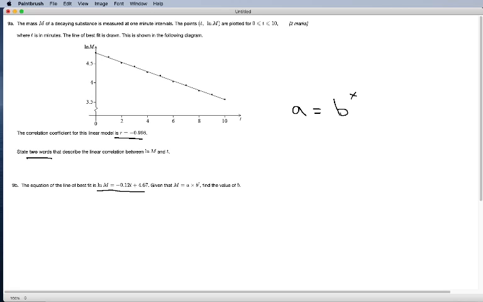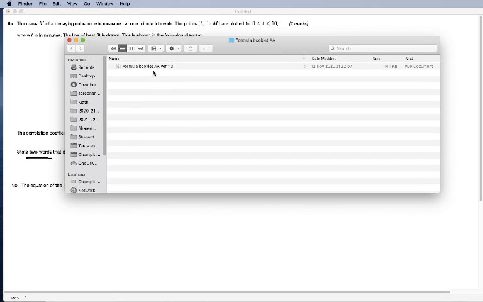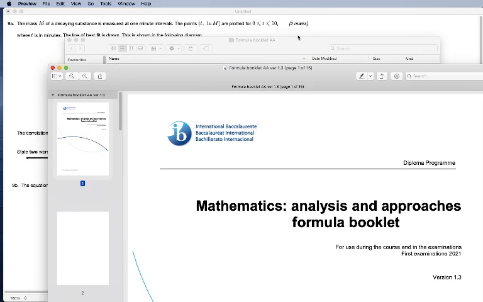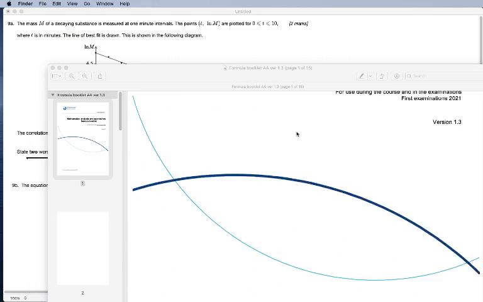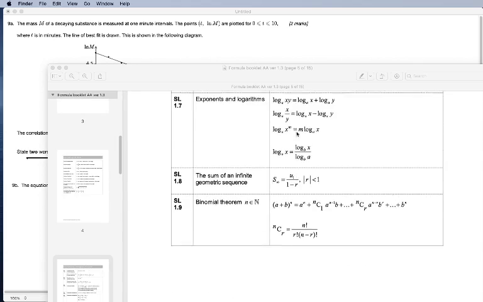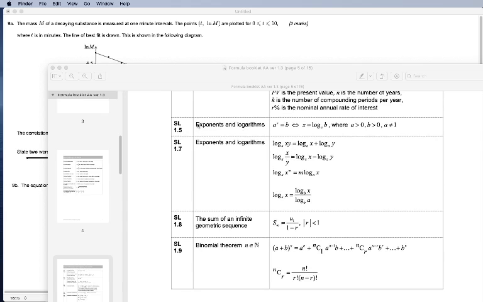So if you open up your formula booklet, and I'll bring it up so that we have it. And we go to the log section. Remember, if you have to work with logs, you should open up your formula booklet. And if we scroll down here to the logarithmic section, we have this, SL 1.5, a to the x is equal to b.